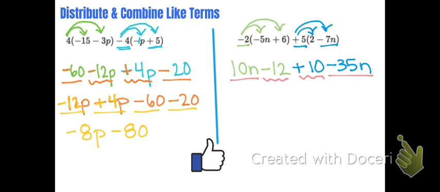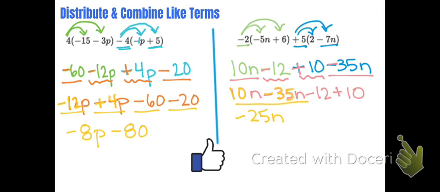You could just put symbols under, or you could rearrange them. So I'm going to put my n's, my minus 35n, my plus 10n, then my minus 12, and my plus 10. Now I can more clearly see my like terms I can combine. 10 minus 35 is negative 25n. And minus 12 plus 10 is negative 2.